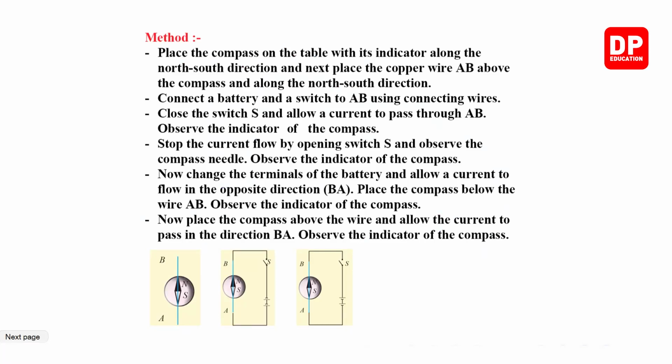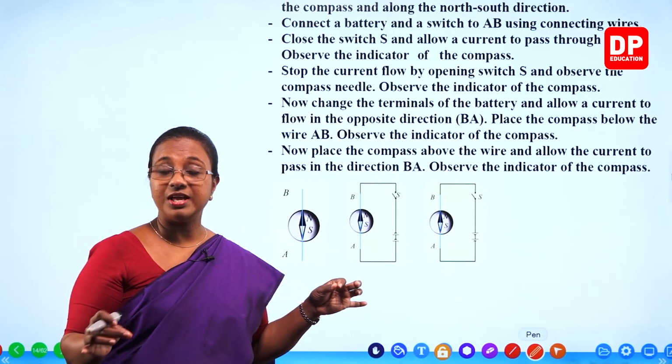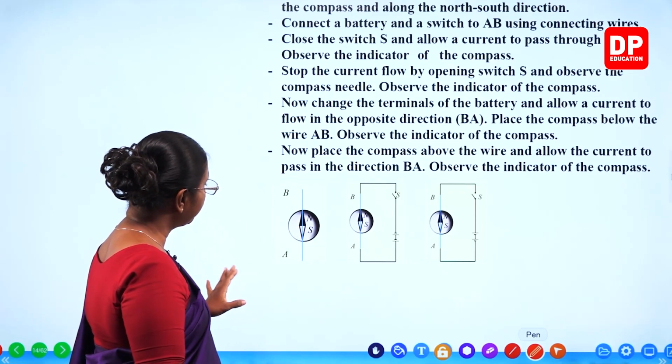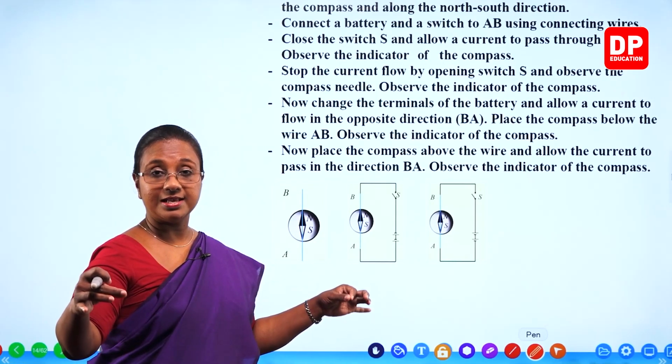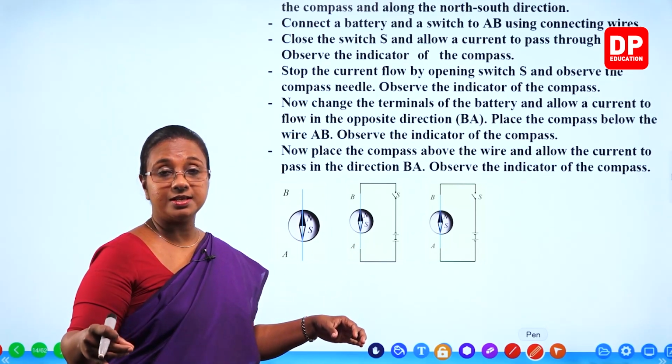Method. Before we try to understand the method, I will explain it using the diagram given here. This is what we are going to do, students. We need to have this copper wire. It has to be a straight conductor. This copper wire can be used as a straight conductor, or we can connect it to a circuit board.